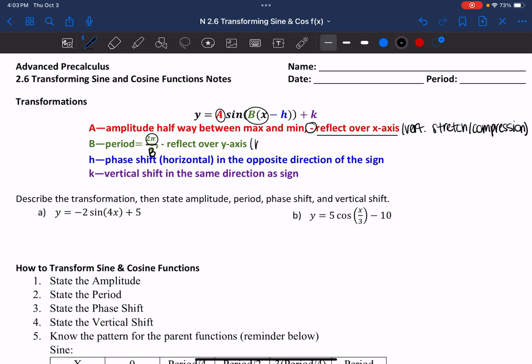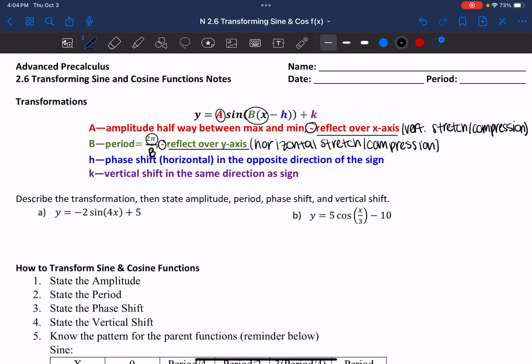So this is going to be something that affects your horizontal stretch and compression. It also says that if your b value is negative, this can cause a reflection over the y-axis.